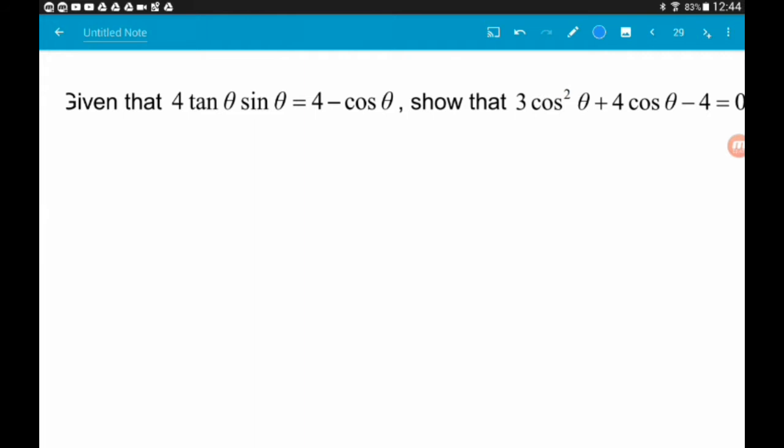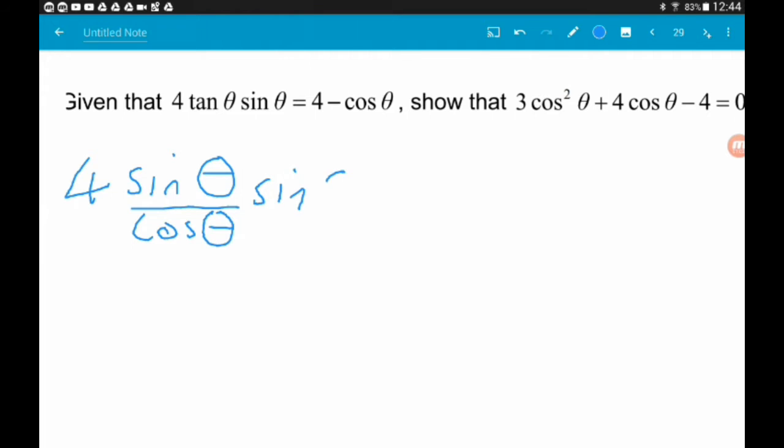So, we are going to rewrite this as 4 sine theta over cos theta times sine of theta, and then that is equal to 4 minus cos theta, like that. Okay, so that's eliminated tan from proceedings.